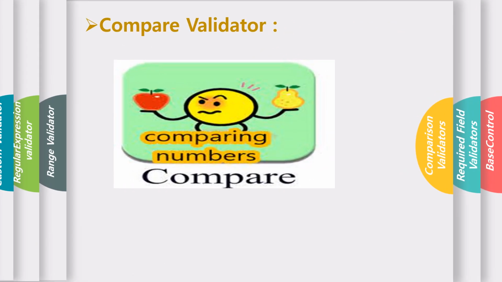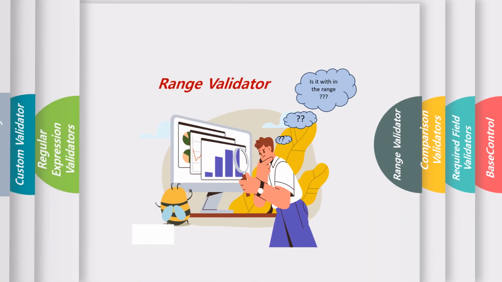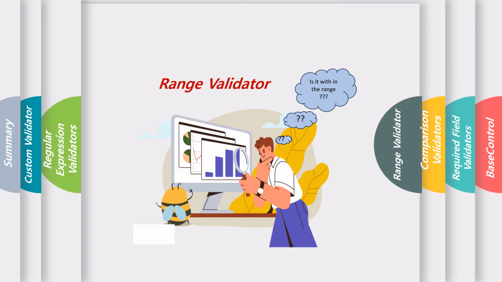The compare validator compares the value of a control with the value of another control. The next, range validator, checks the range of values.